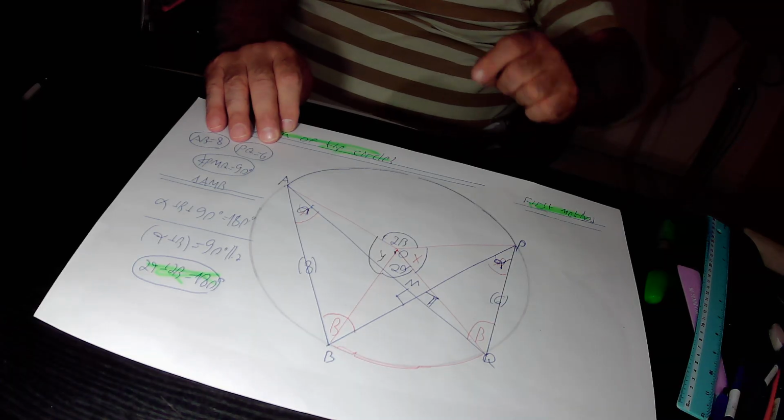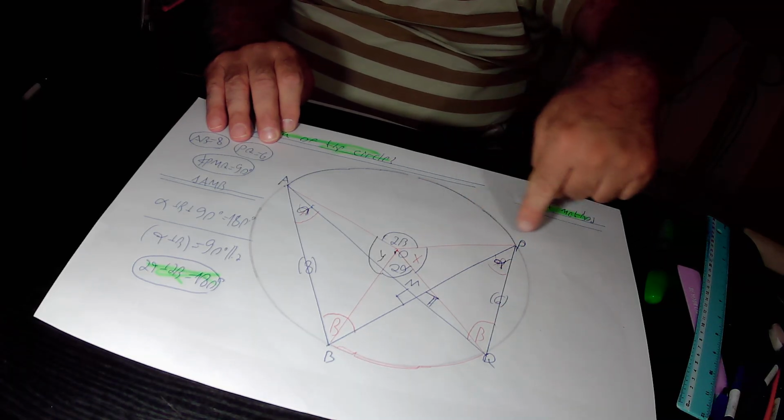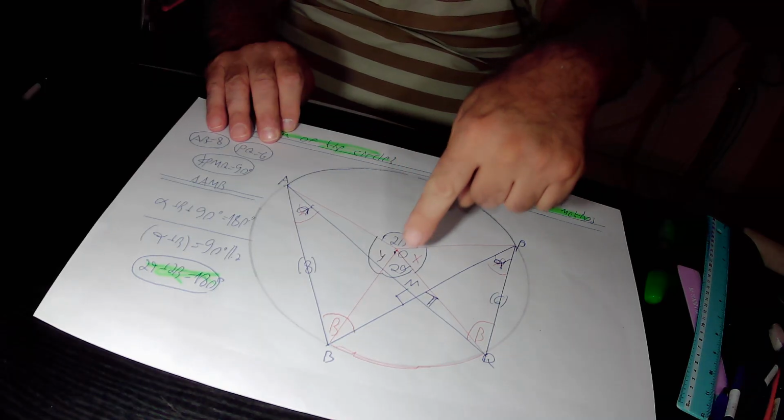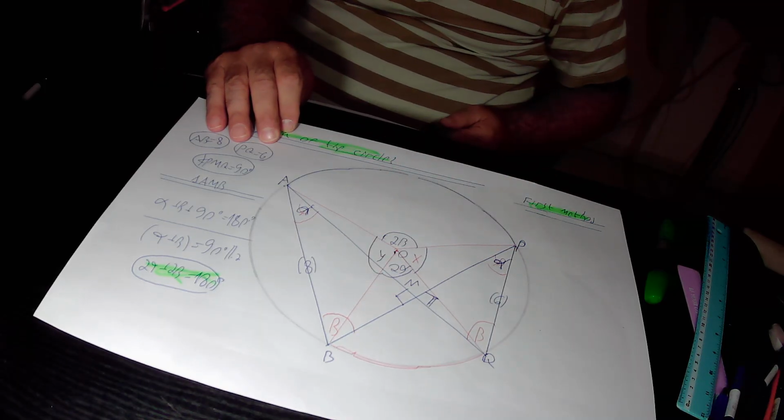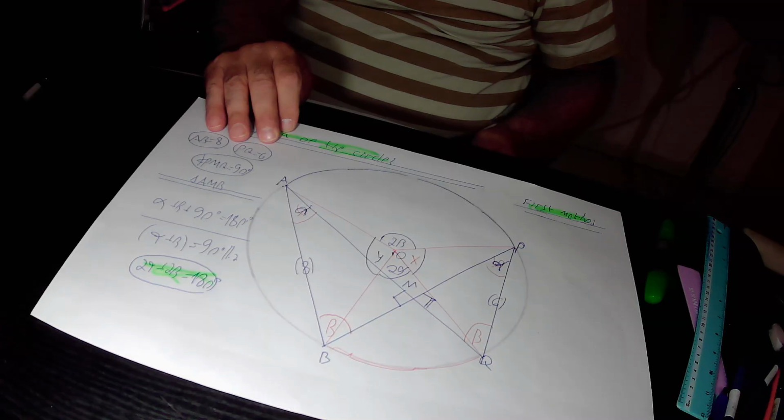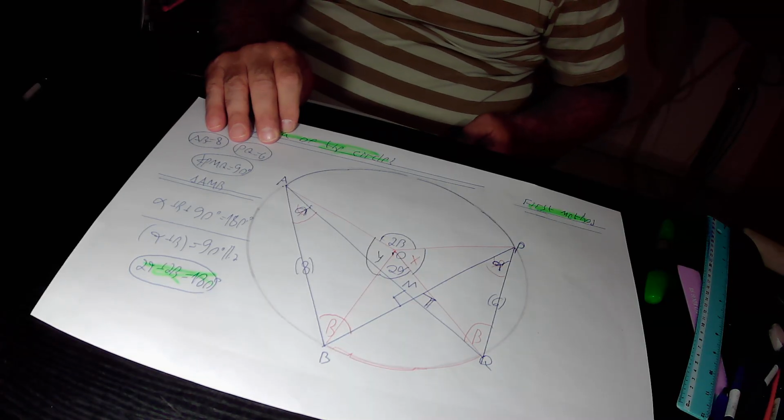In the next step, I define this angle QOP as x and this angle AOB as y. And we know that the sum of the angles around any point is equal to 360 degrees.